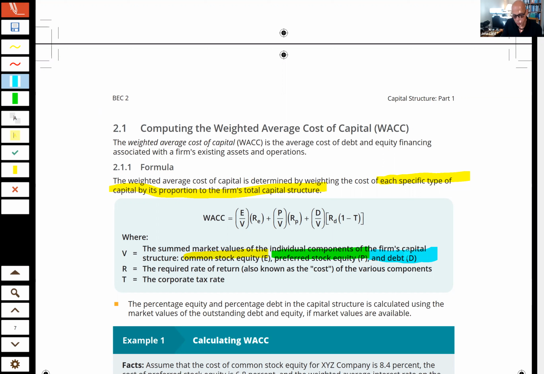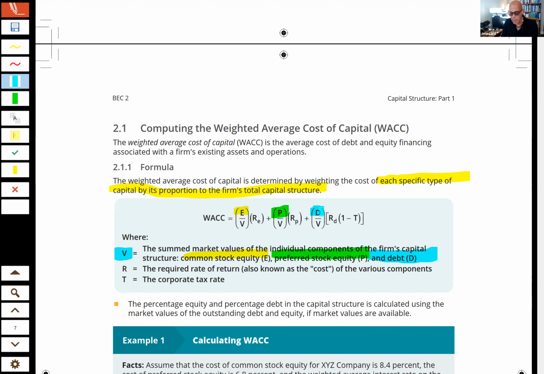Now, what we do is we have V, and V is the sum of the three components that we're talking about, whether it be the common stock, the preferred stock, or the debt. So it's the sum of E plus P plus D. And then we go ahead and we put in the numerator here each one of those elements. Okay, so you can see we have E, we have P for the preferred stock, right? And then we have D for the debt.